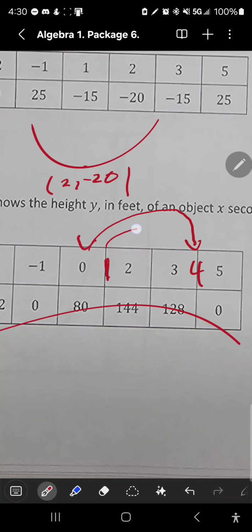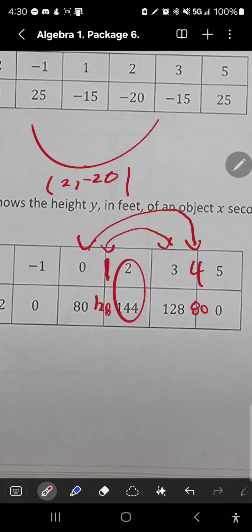Either way, the one that gets in the middle is 2. So 2 should be our vertex, and then when x equals 1, we should get 128, and when x equals 4, we should get 80.